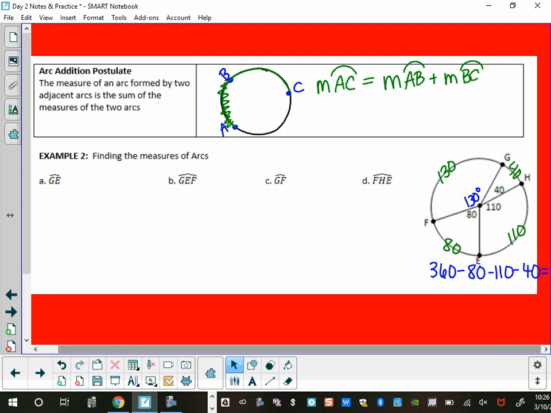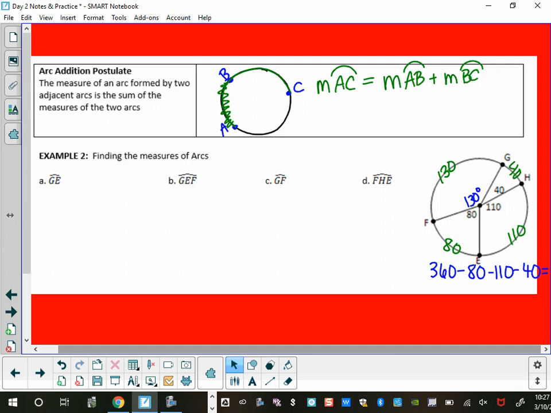What is the measure of arc GE? And which way do we look? Do we look at GE from the left or GE from the right? This is important. Well, okay. GE with 2 letters has to be what? Minor or major? Minor.